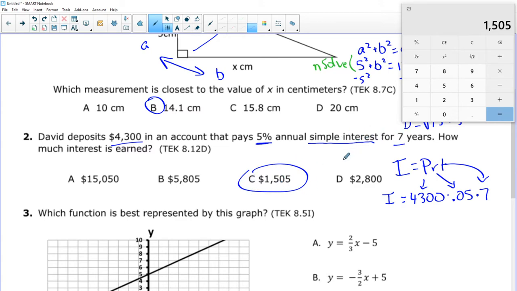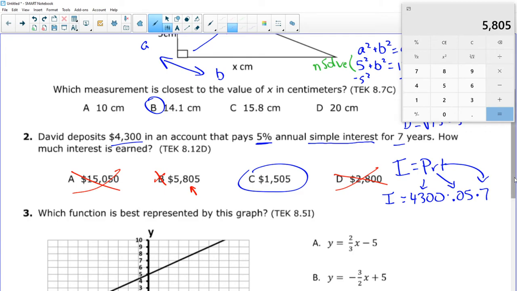He put this money in the bank for 7 years and he made $1,500, but he still has the $4,300 that he started with. So if we wanted the grand total, how much money he has after 7 years, we add back that $4,300 and get $5,805, which is this answer here. So this isn't correct for this question, but if they changed the wording, this could be right. And these other ones are just nonsense. This is just bad math.